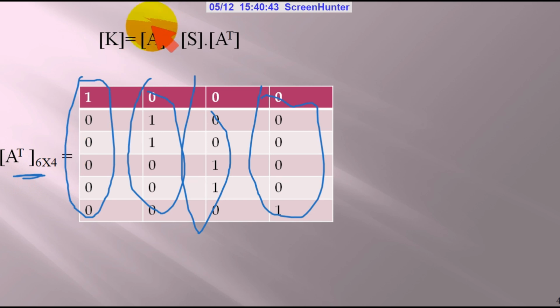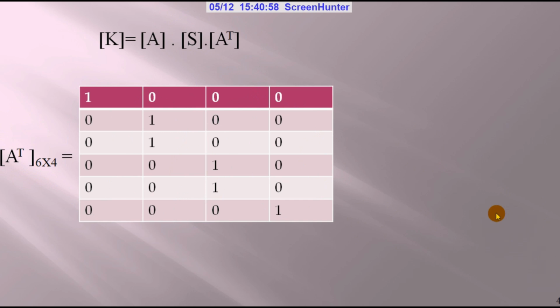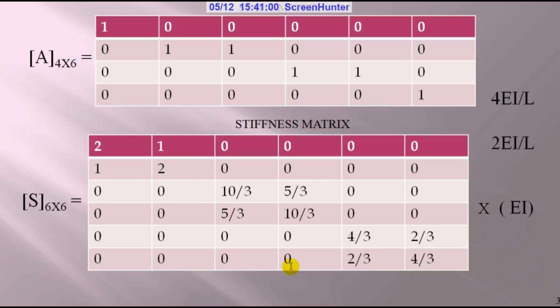So we have A, the static matrix, already developed. Transpose of the matrix A^T we have. Stiffness matrix also we have developed in my previous lecture. I have explained you stiffness matrix is available 6 by 6. EI we have taken common.